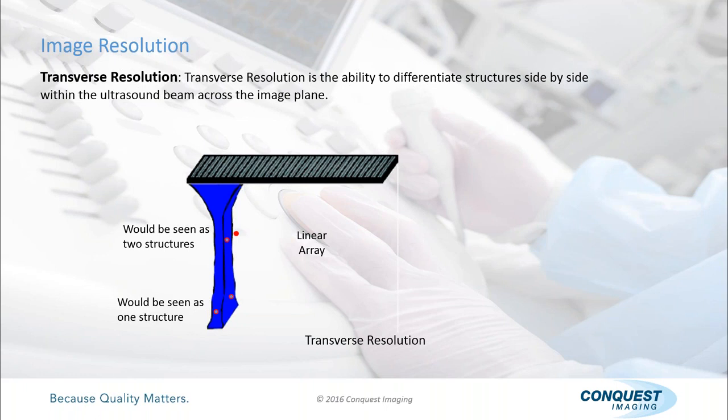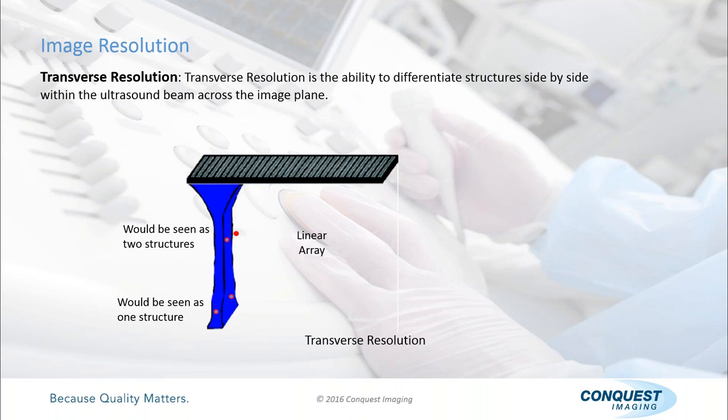Transverse resolution is the next one, and it's really kind of an important concept to get a hold of. It's the ability to differentiate structures side by side within the ultrasound beam across the image plane. So we've talked axial being top to bottom, lateral left to right. Well, now we're talking objects front to back, and there is a pretty substantial limitation. If we're talking 2D imaging, there is no such thing as transverse resolution.